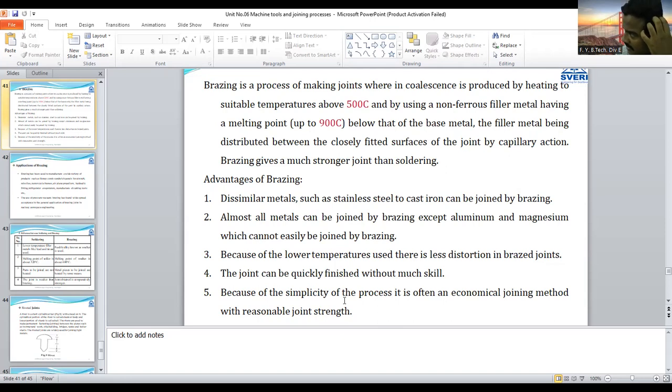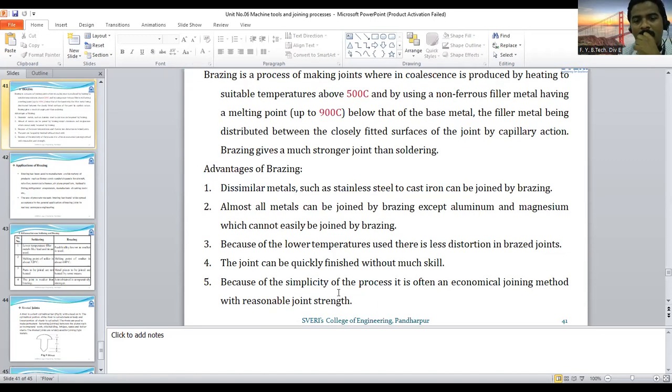It doesn't require much skill to complete the brazing; it requires a less skilled operator.